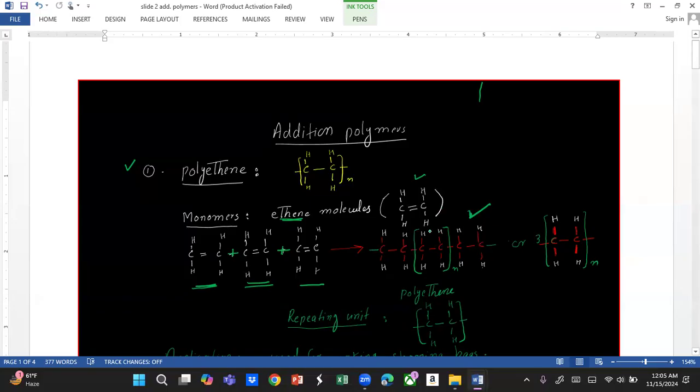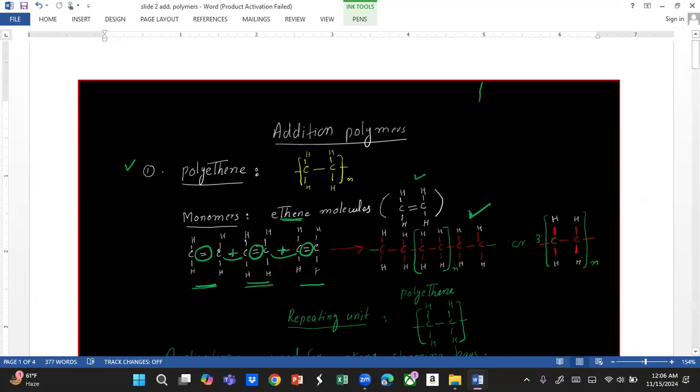Hope you understand. Now how do these monomers join together basically? First of all, this double bond will be broken. When this double bond is broken, what will happen? This carbon will combine with this carbon. This carbon will combine with this carbon. And we will have a single bond between all the carbon atoms now.